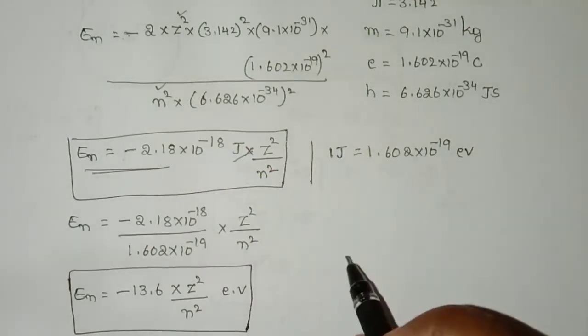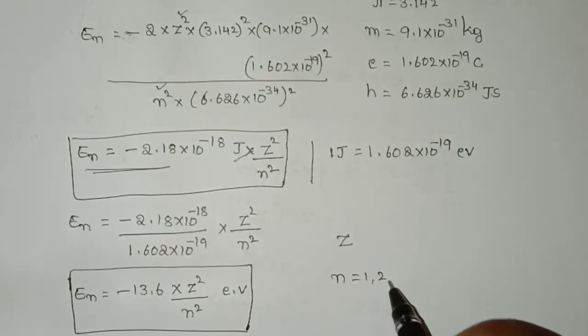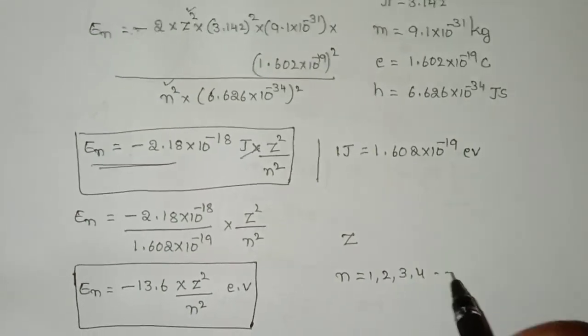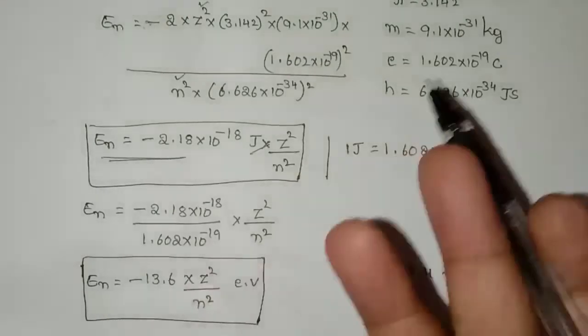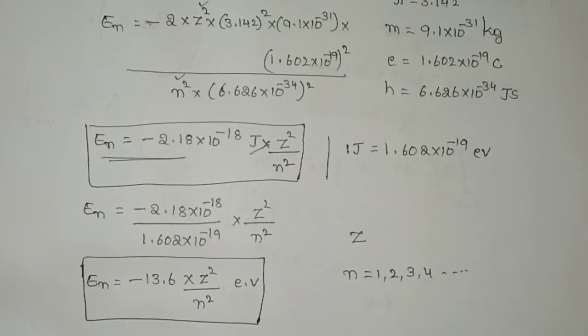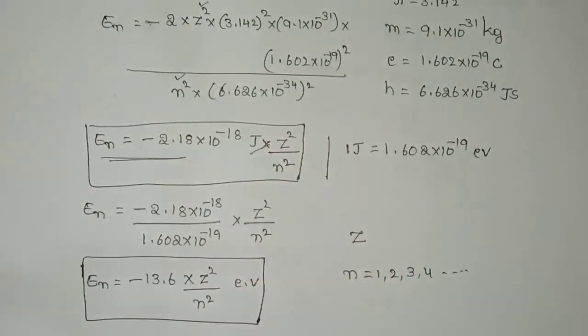So for the value of Z and for the value of n, which can take the values 1, 2, 3, 4 and so on, we can calculate the energy of an electron present in any orbit. This expression can preferably be used for calculating energy of hydrogen and hydrogen-like species, that means the atoms or ions consisting of only one electron.